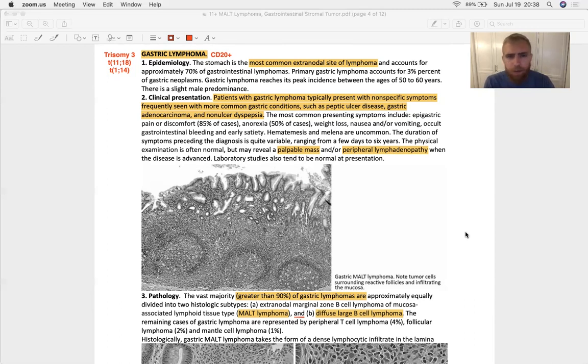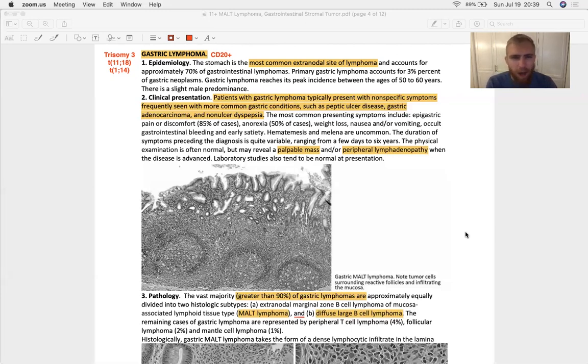Most common presenting symptoms, again, stomach pain and discomfort, and anorexia in half of cases. I imagine that eating would be very troublesome if it hurt that badly whenever you have a sizable lesion in your stomach. Occult GI bleeding, meaning melena, meaning dark stool, meaning we're thinking esophagus, stomach, duodenum for localization of that bleed.